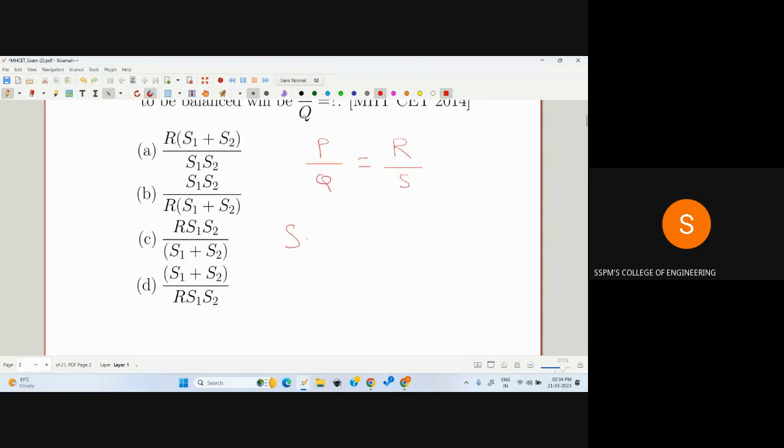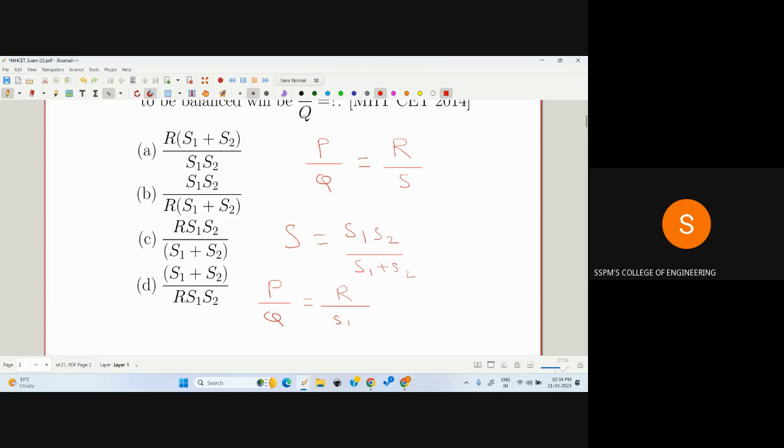So what is S? The parallel combination of S1 and S2 is the product S1 S2 divided by the sum S1 plus S2. You can replace S by this term and we get P upon Q is equal to R divided by S1 S2, and this S1 plus S2 will come in the numerator. So the correct answer is P by Q is R into S1 plus S2 divided by S1 S2.